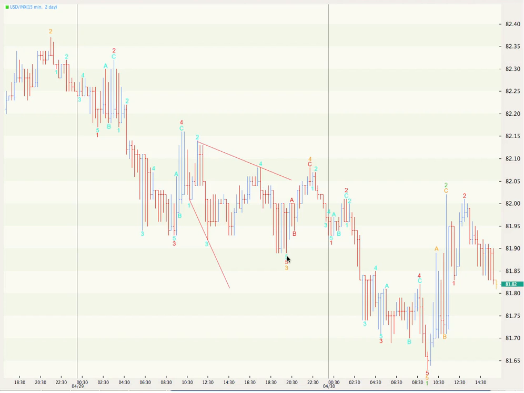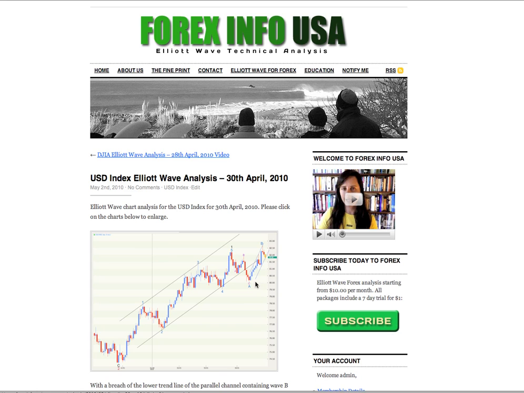I do keep, however, seeing on Forex charts diagonals where wave 3 is the longest, and I'm wondering if the rules for diagonals, I know they are slightly flexible and that there's some discussion about what the rules are for diagonals. I expect for Forex we may see that wave 3 is usually the longest in a contracting and expanding diagonal. So that's all from me with your US dollar analysis.